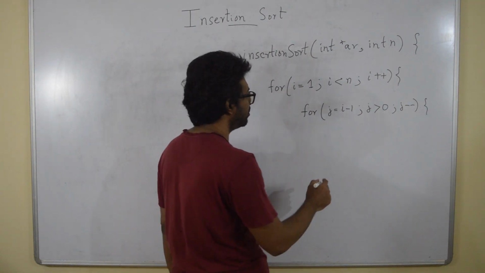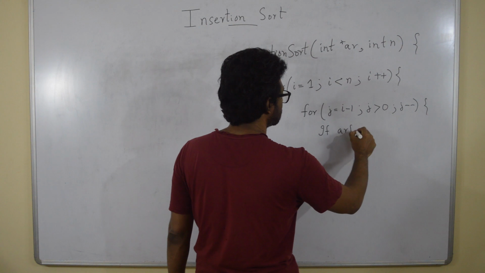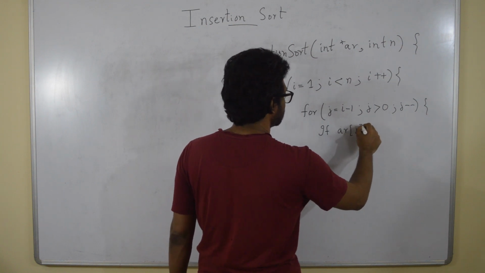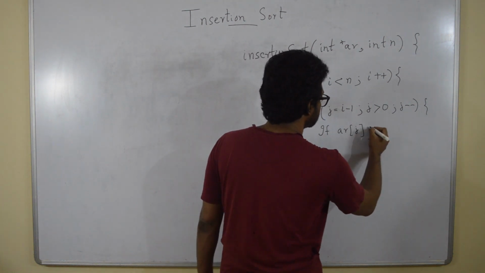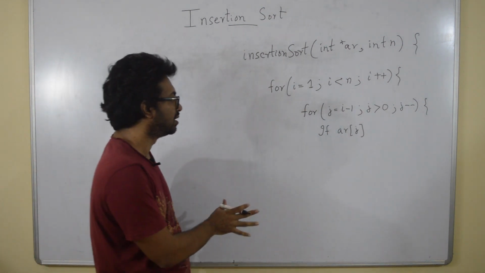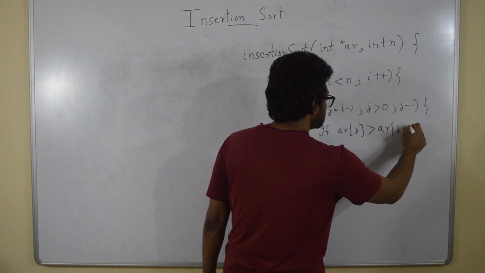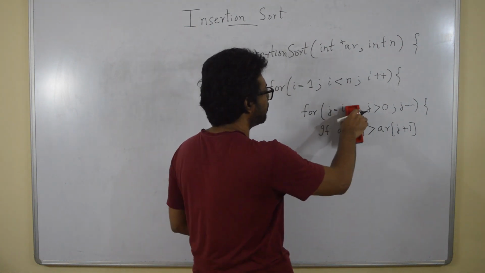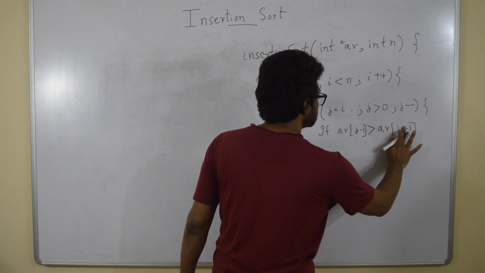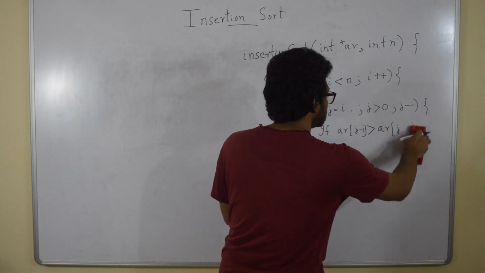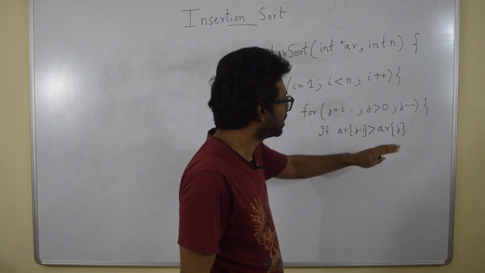Here is what we are going to do. I'm going to start from I, and check AR of j minus 1. If the previous array element is greater than AR of j, we want to swap.